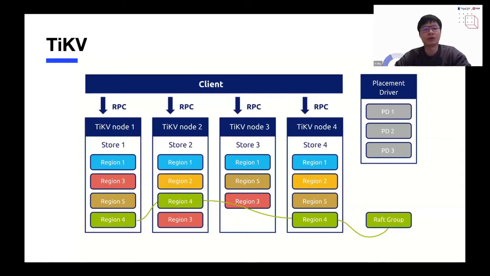For one region there will not be 2 replicas located on one single TiKV node. So whenever we lose one TiKV node, for all the regions on this node, there will still be 2 replicas located on the other live TiKV nodes.